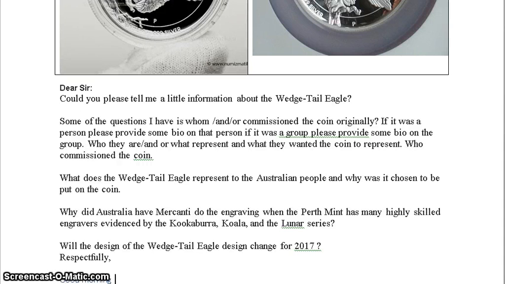But I spoke to other wedge-tailed eagle collectors, and I guess those are also silver eagle collectors.